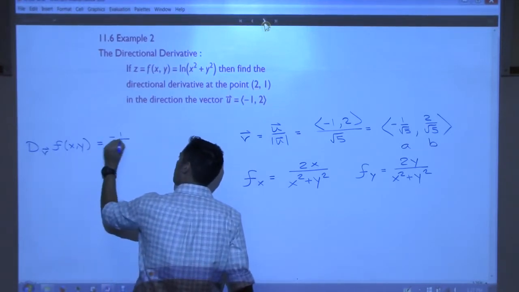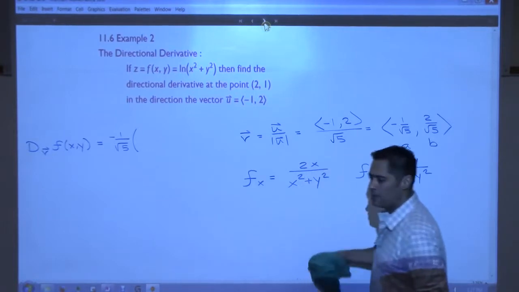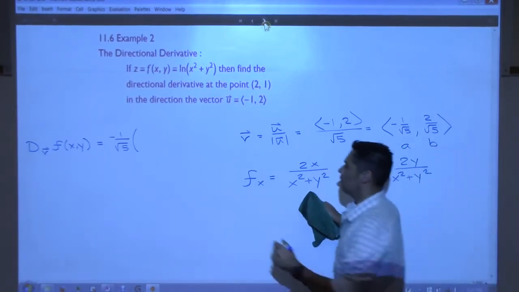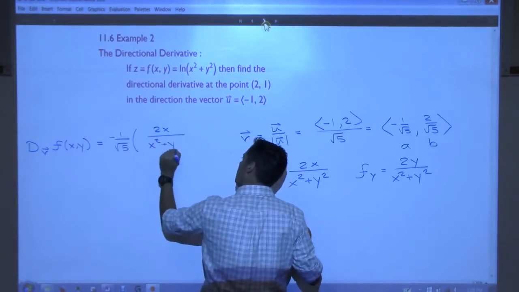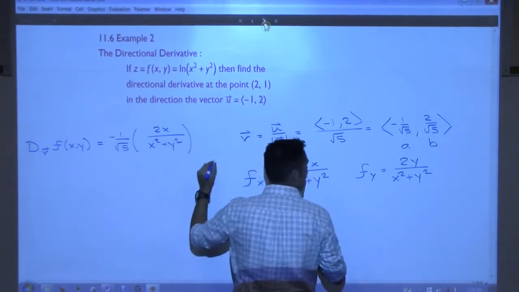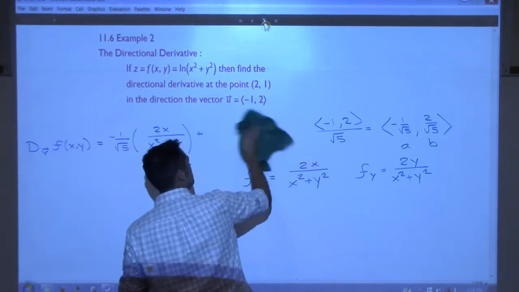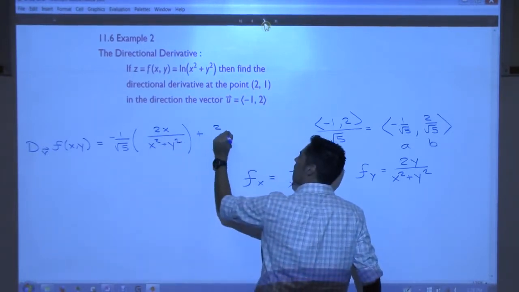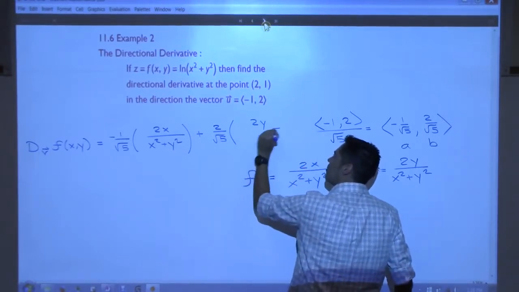So negative 1 over root 5 times the partial with respect to x, which is 2x over x squared plus y squared, and then plus b, which is 2 over root 5, and then the partial of f with respect to y.